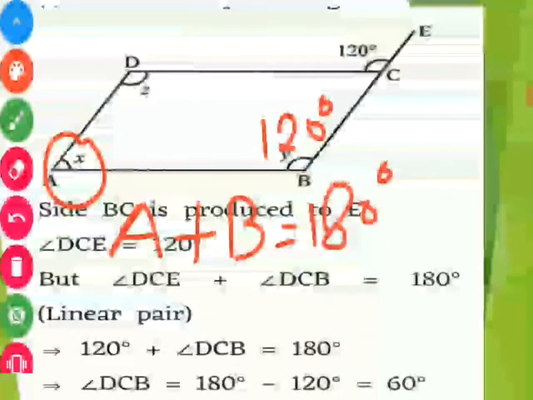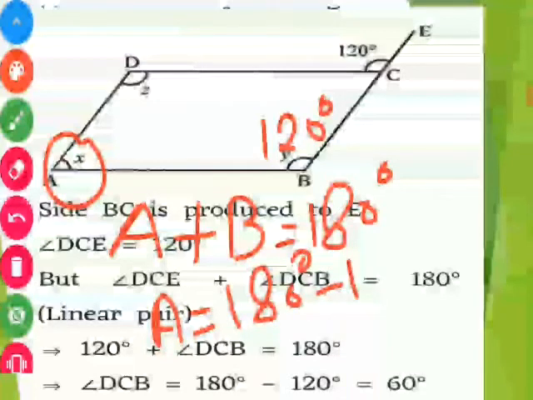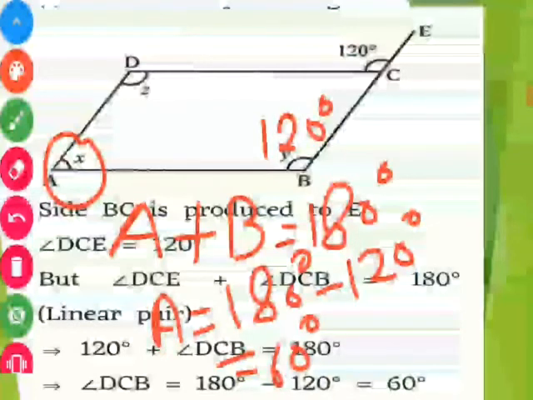As you know, the adjacent angles of a parallelogram are supplementary. Therefore, angle A will be equals to 180 degree minus 120 degree, so angle A is equals to 60 degree. That means the value of this angle x is 60 degree.